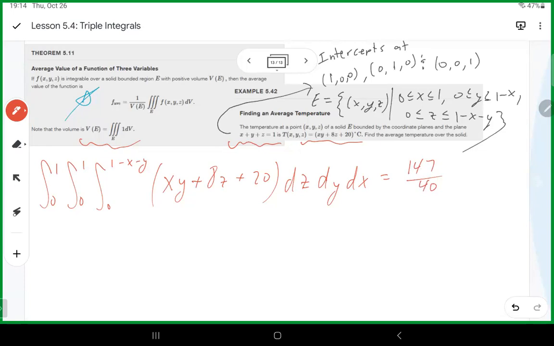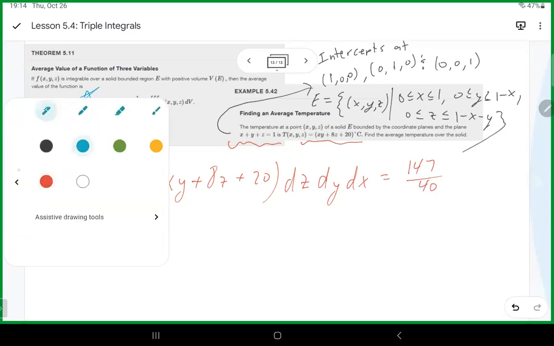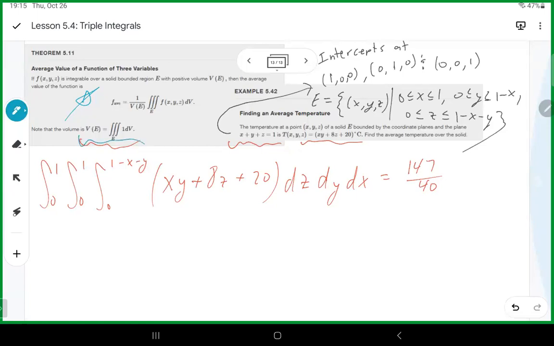Then what you're going to do is evaluate this part. So V(E), the triple integral of 1 dV, is going to be 0 to 1, 0 to 1 minus x.